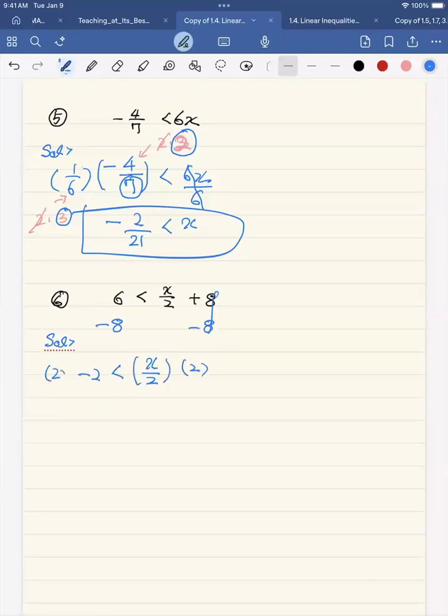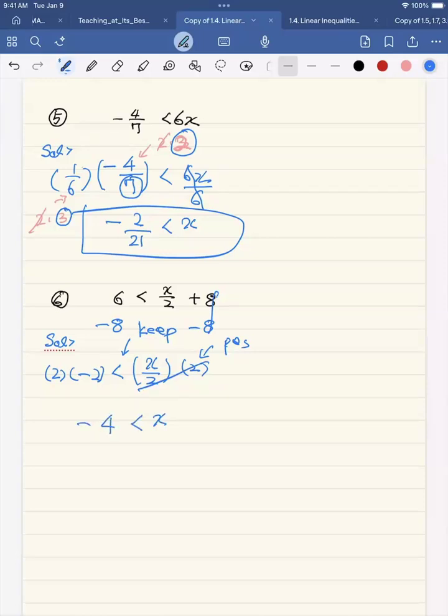And then we have to multiply by 2 on both sides. 2 is a positive number, so we keep the inequality sign as it is. So x is greater than -4.